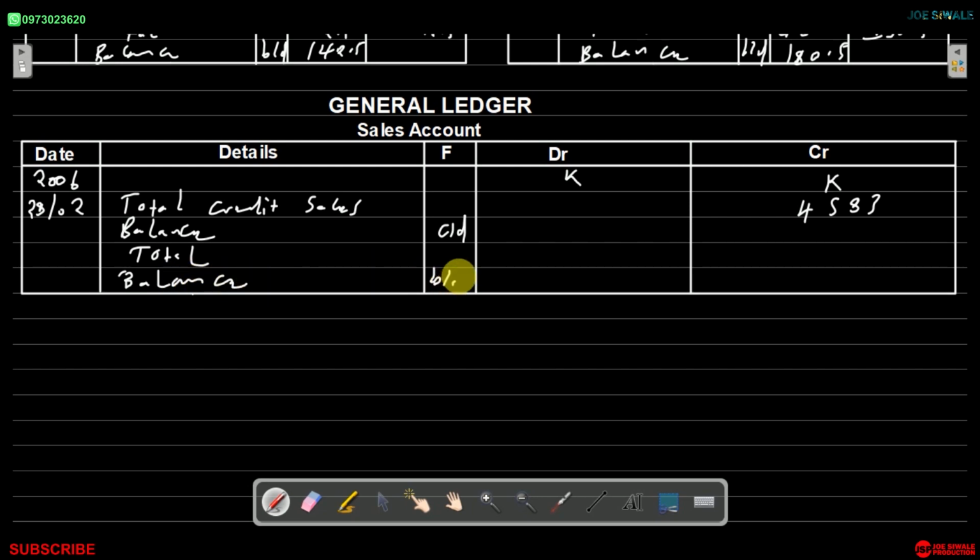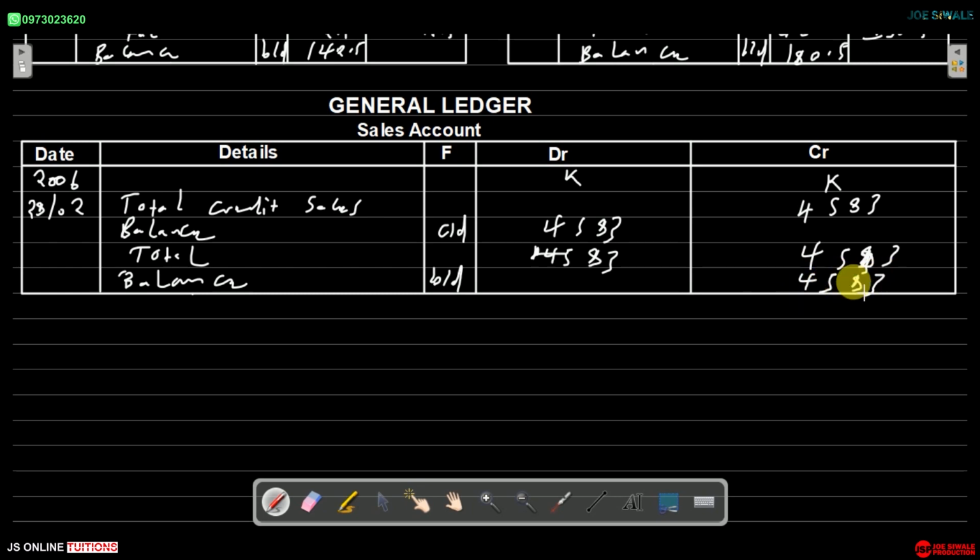So the total there, we're going to have 4,583 on the debit side, and we're going to have 4,583 on the credit side. To find our balance carried down, it's going to be 4,583 on the debit side, and we're going to have 4,583 on the credit side.